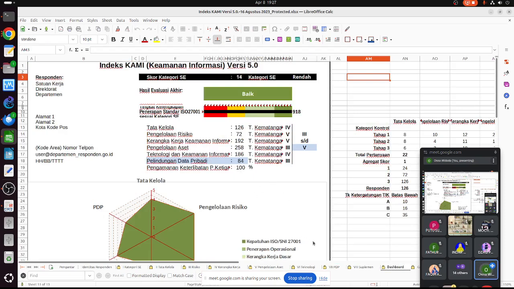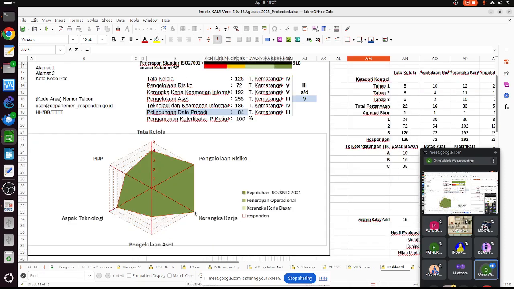And then after we enter all of these things, then we can see our condition here. The best one, if all of this item receives 5. Okay, so risk management, framework, asset management, technology, data, it's all 5, that is okay.